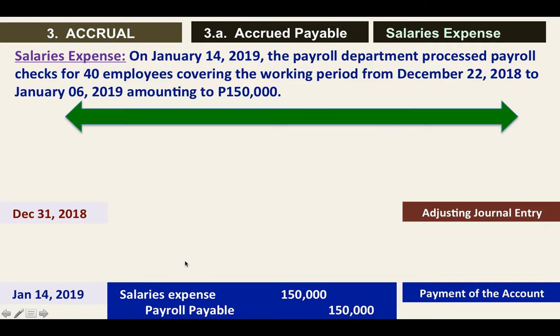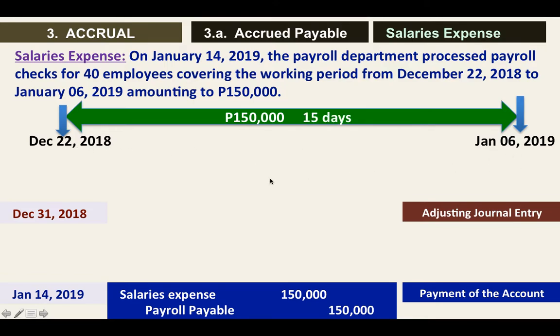So we have to analyze the payroll. The payroll is from December 22 up to January 6, 2019. The payroll is 150,000 and the number of days from December 22 to January 6, that's a total of 15 days. Okay, so 150,000 divided by 15 will give you 10,000 per day na payroll, okay, by the average.